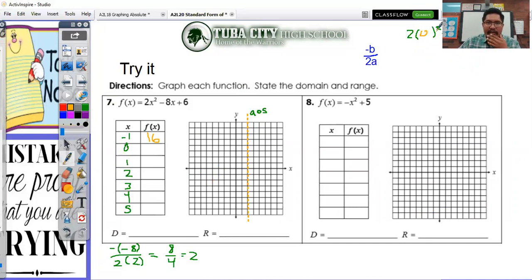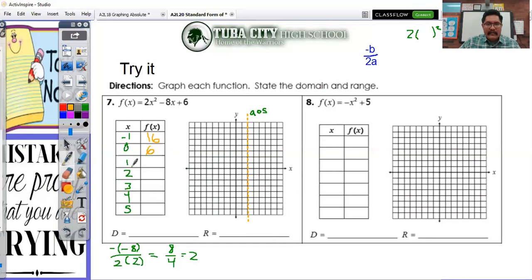So 0 squared is going to be 0. 0 times 2 is 0. 0 minus 8 times 0, which is also going to be 0. And the identity property tells you that adding 0 does not change anything. So in this case, I end up with 6 again. All right, let's go ahead and move on to the next number.